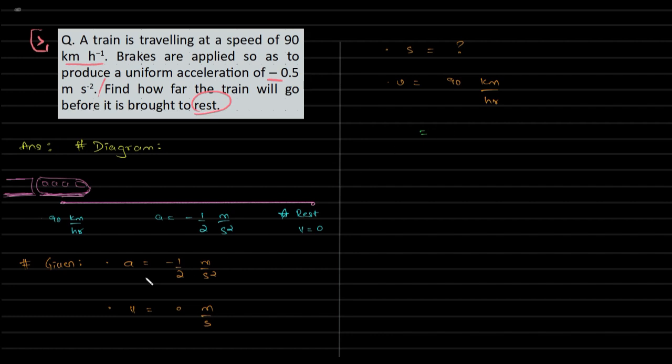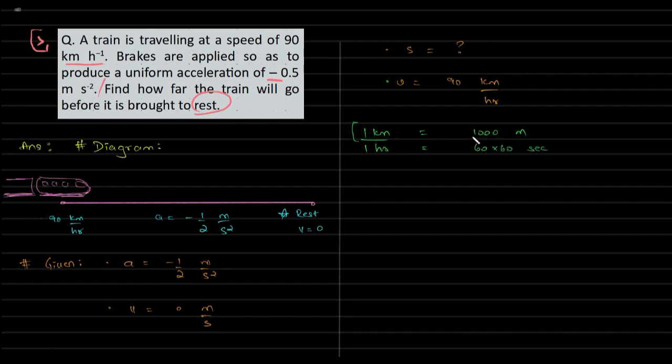Well, we need to convert this from kilometer per hour to meter per second, because everything is in meter and second. That's the first thing we need to do. We know that a kilometer is 1000 meters, and 1 hour is 60 into 60 seconds.